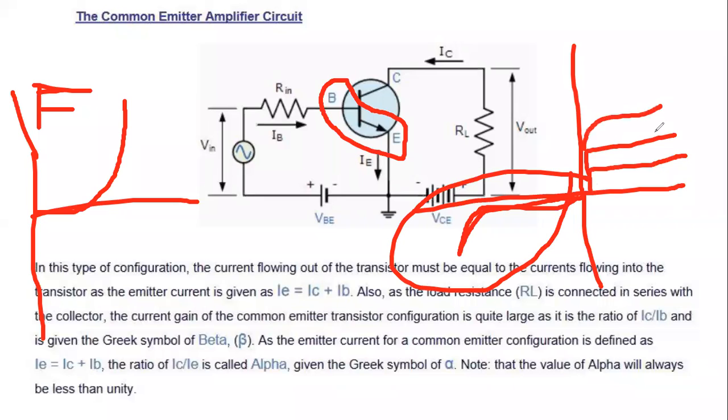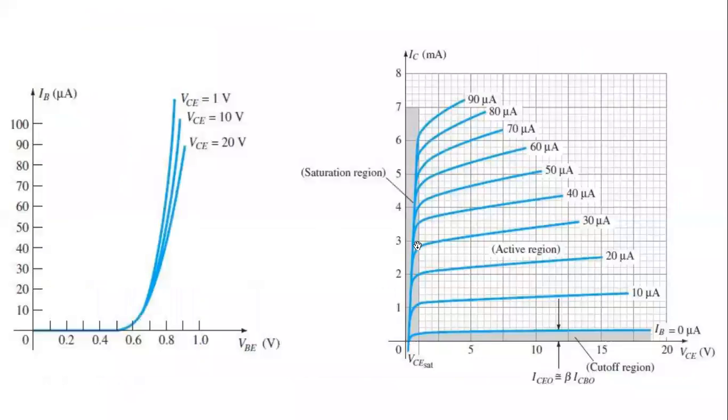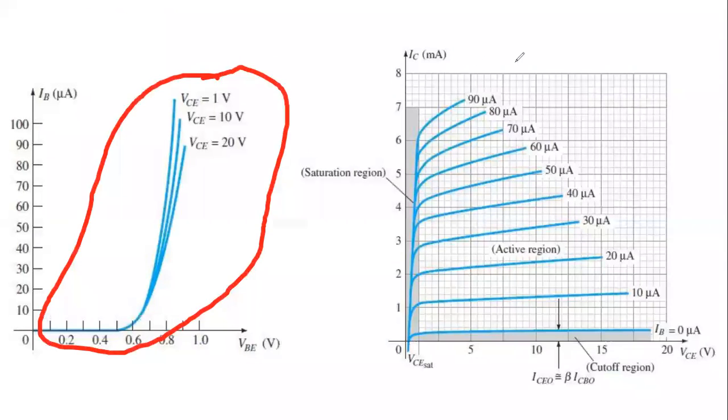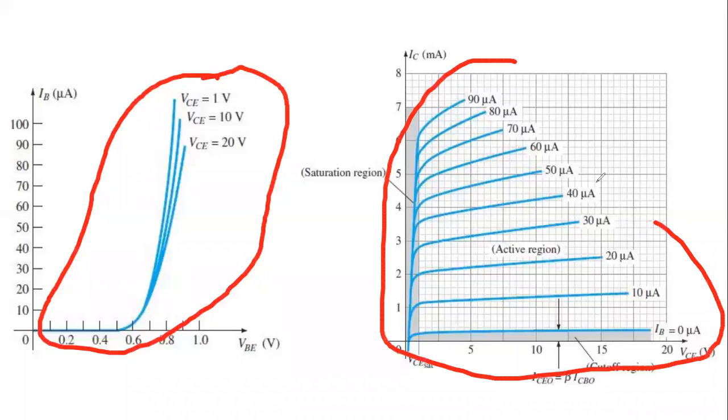So the output characteristics curve will be something like this. If I go to the next slide, you can understand from here. This is the forward bias curve of a diode, and this is the reverse bias curve of a diode. But here it is inverted. This is the output characteristics.